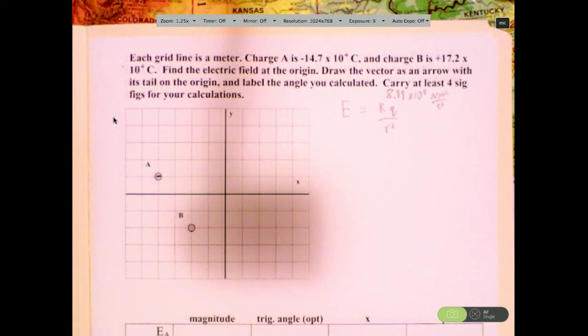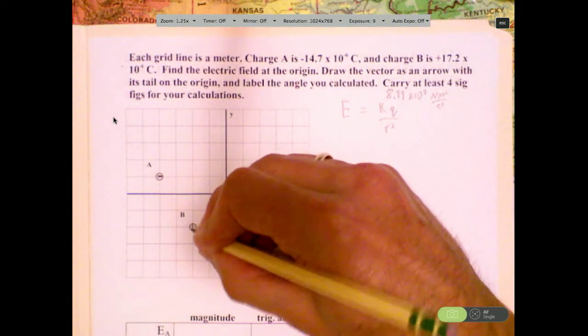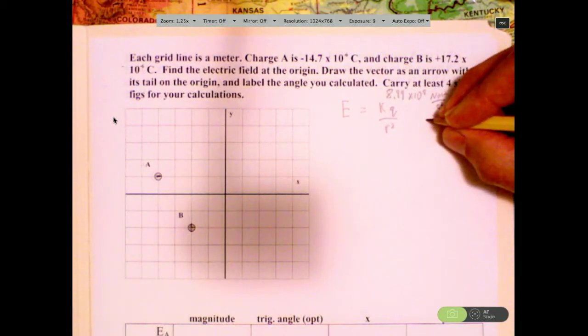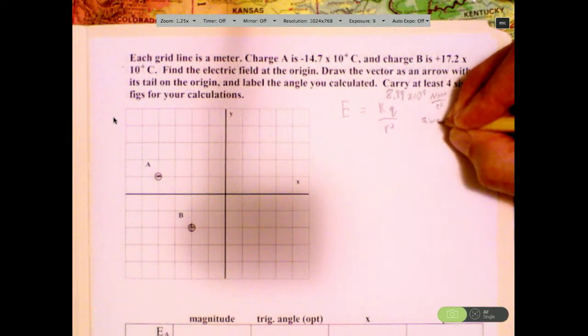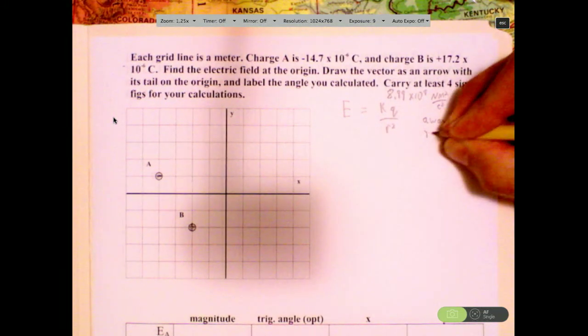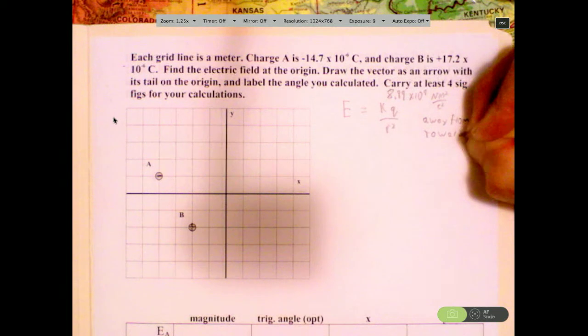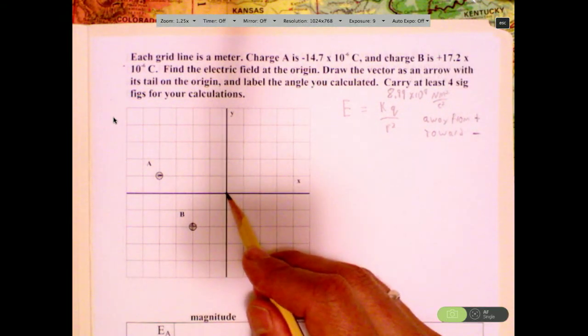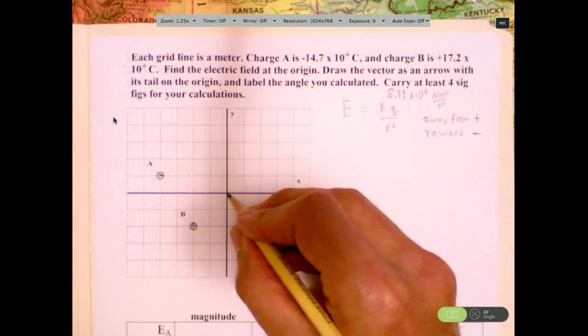And B is positive 17.2, so I'm going to put a positive there. Now, remember that the field is away from positive and toward negative. And we're being asked to find the electric field here at the origin.